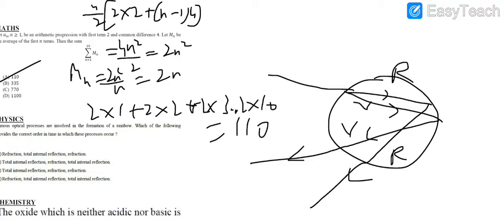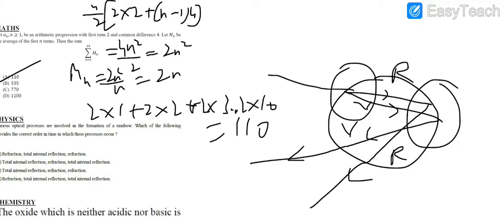See, basically when the sunlight enters the droplet, then there is a refraction happening over here, which you could also say is dispersion, because you know that the action of a droplet is exactly like a prism. So at entry point you can say refraction, you can also say dispersion.